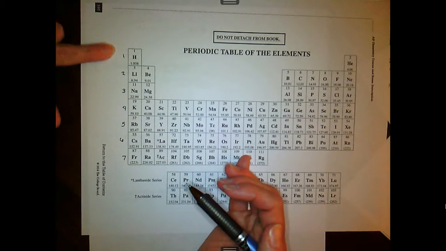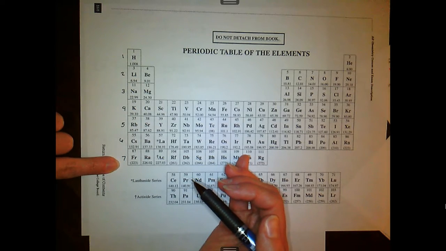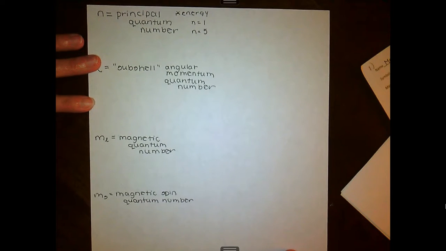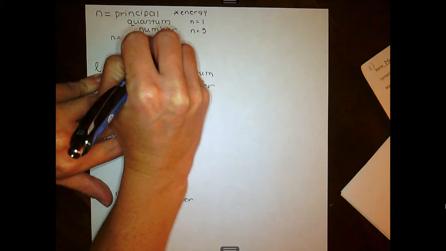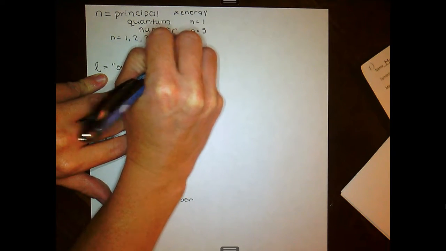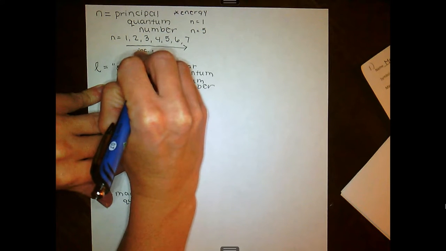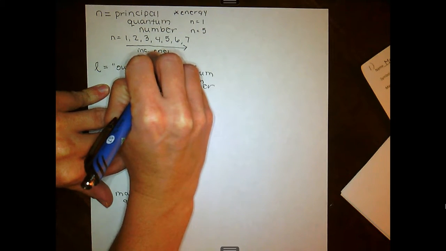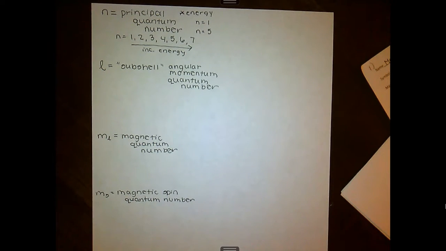As we go down a group, our energy is increasing. So theoretically, you could have a principal quantum number of anywhere from 1 to 7, so n could equal 1, 2, 3, 4, 5, 6, or 7. And again, as that value increases, the energy also increases, in that electrons in those outer levels have a lot more energy.